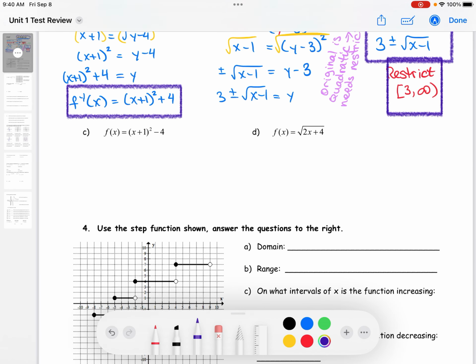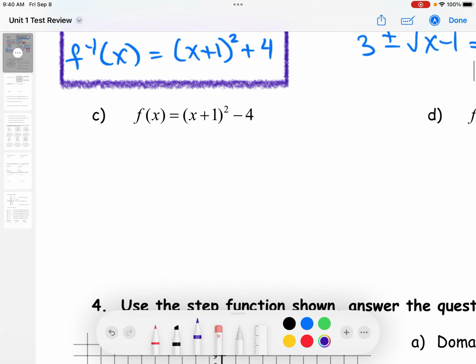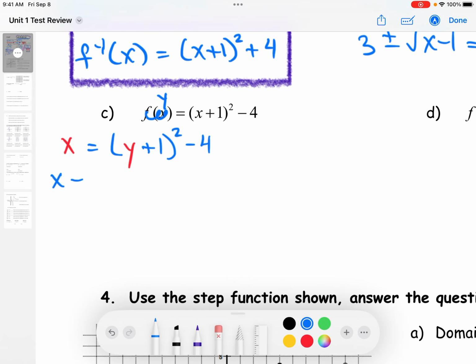Let's take a look at C. Again, we start out with a quadratic, y equals, swap that to x, equaling, open parentheses, now that's a y, plus 1, close the parentheses, square, minus 4. We need to move the 4 over to isolate the squared term.